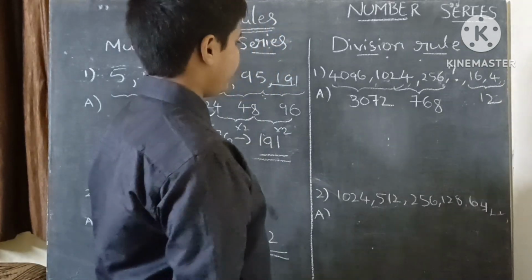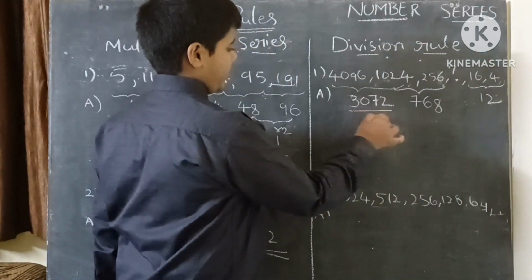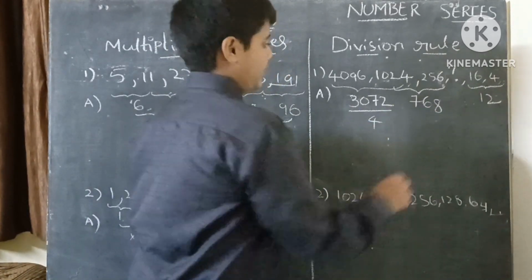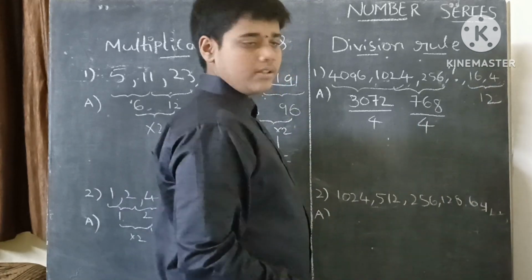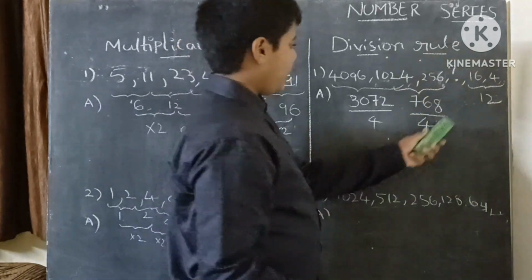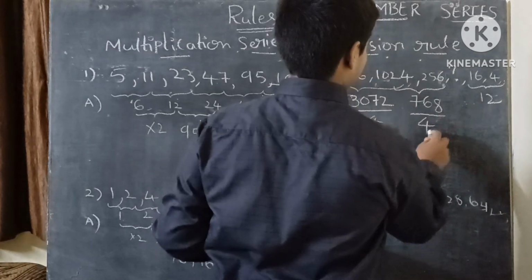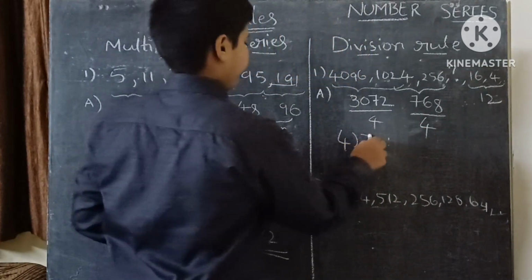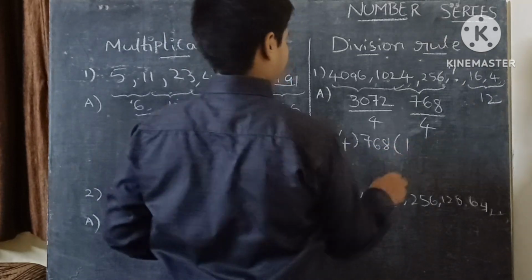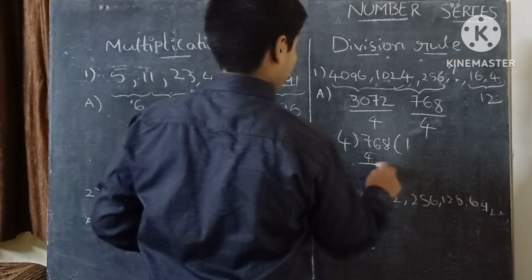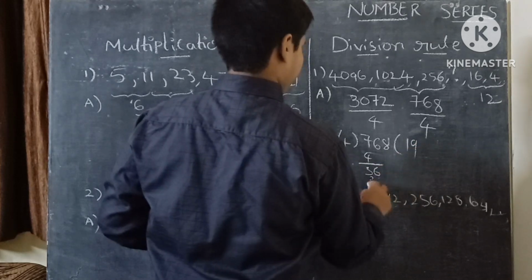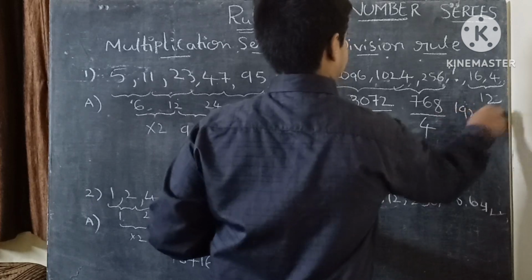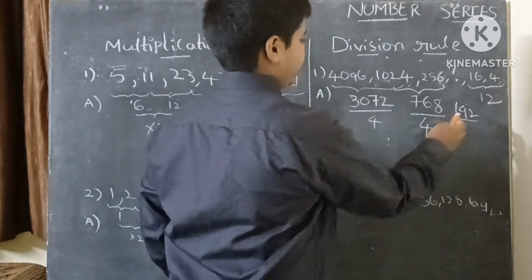If we divide 3072 by 4, it becomes 768. If we divide 768 by 4, it becomes 192.